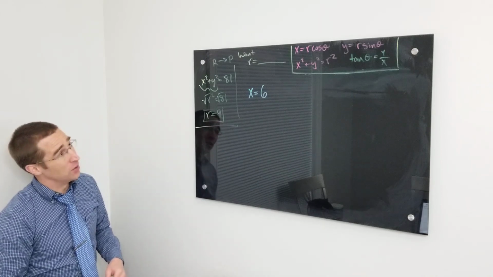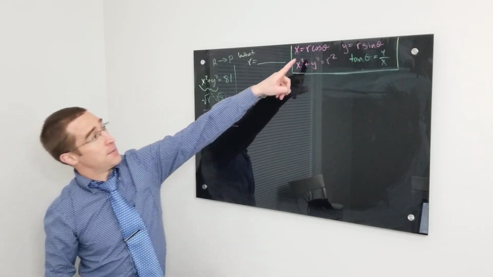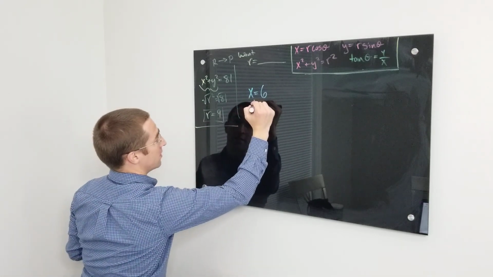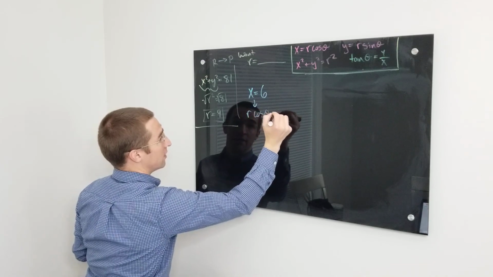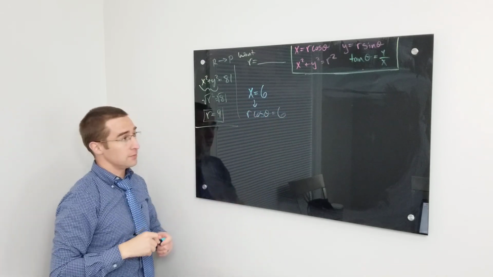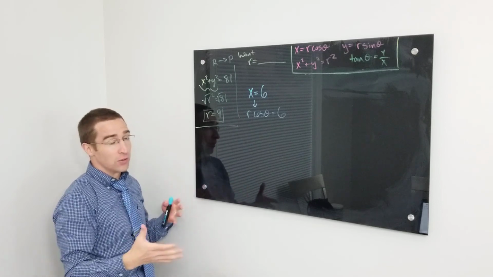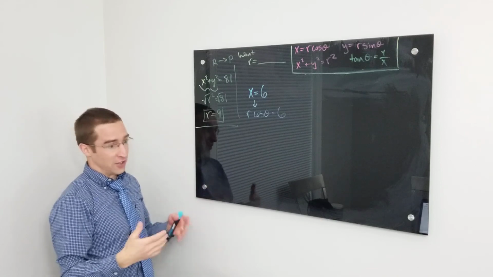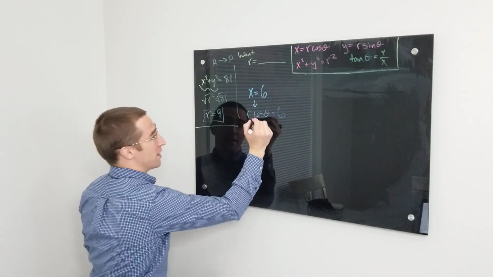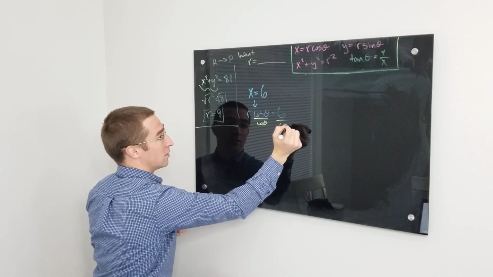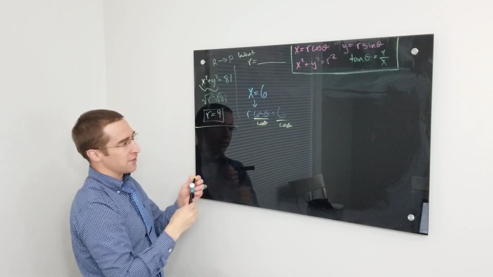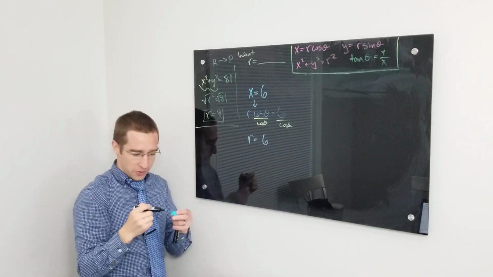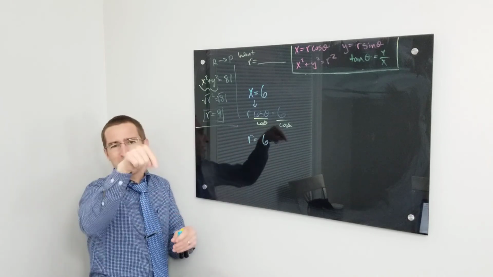Well, I know that x is the same as r cosine theta. So I'm going to replace the x with an r cosine theta. So this is r cosine theta equals 6. I want r equals, so I don't want theta and r together. So I'm just going to divide both sides by cosine theta to make it look nice. And that gives me r equals 6 over cosine theta. But what happens when you have a cosine in the denominator?